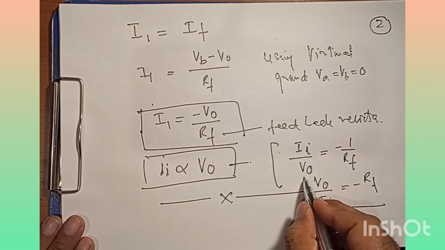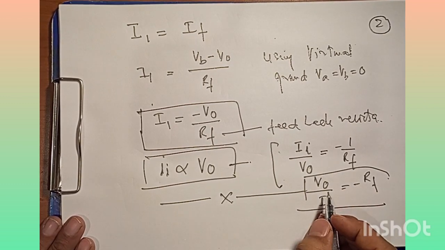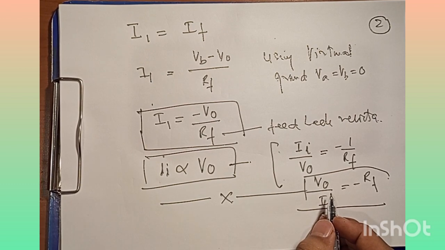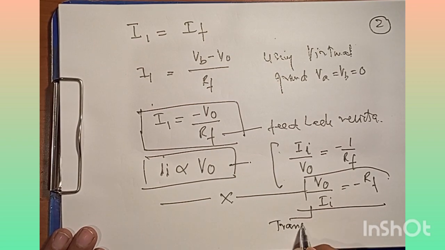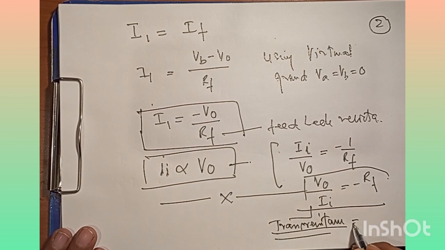Now this V out by I in is called the transresistance, and this transresistance is simply equal to the negative of RF.